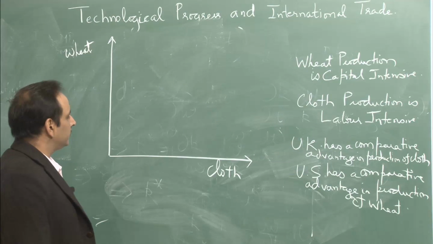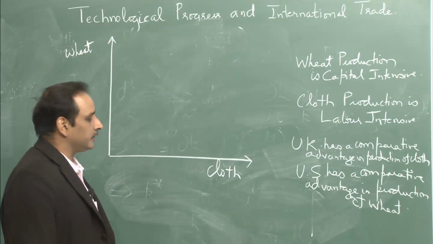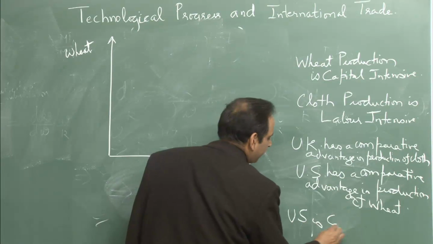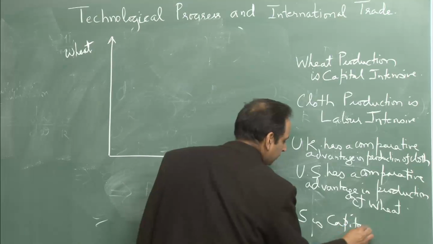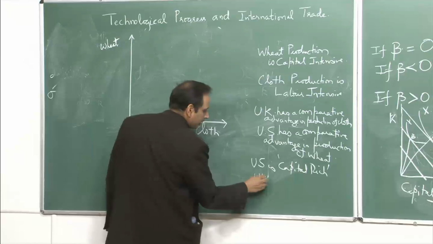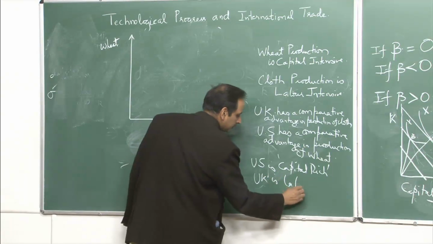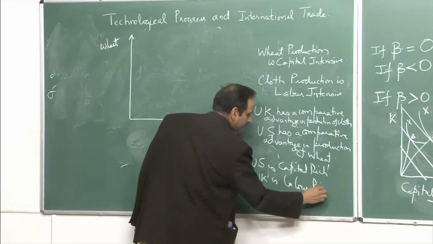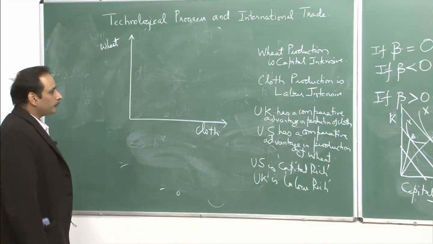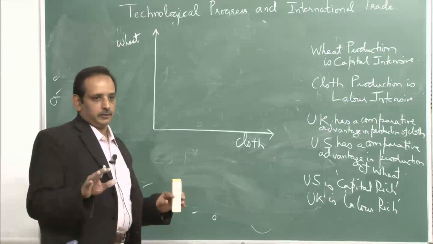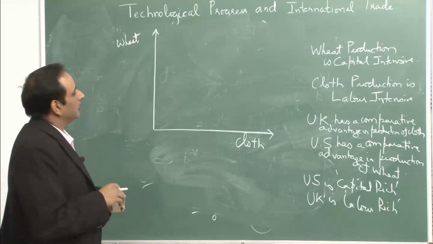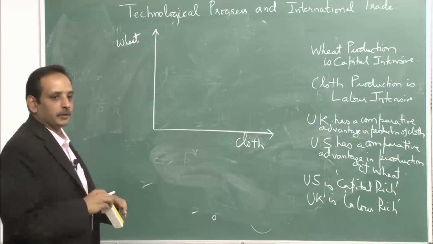UK is labor rich, US is capital rich. This is the situation before trade taking place, before technological progress taking place.